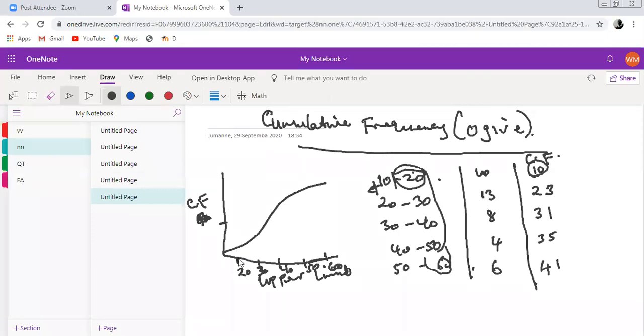So you just plot 20 versus 10, you mark that point. You go to 30 versus 23, you mark that point. You go to 40 versus 31. These are going to be on your x-axis, and these are going to be on your y-axis. So just go to the notes that you have. You are going to find it well elaborated and also presented.